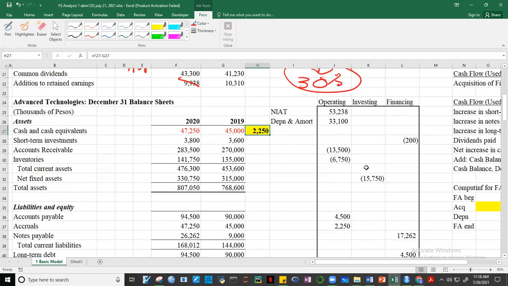Anyone, guys? It's in the income statement. May items po dyan na hindi pa natin na-incorporate. Kaya mali yung net change natin sa cash. What do you think is an item there in the income statement which we have not taken into consideration?